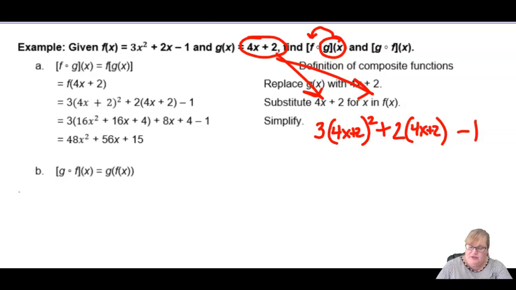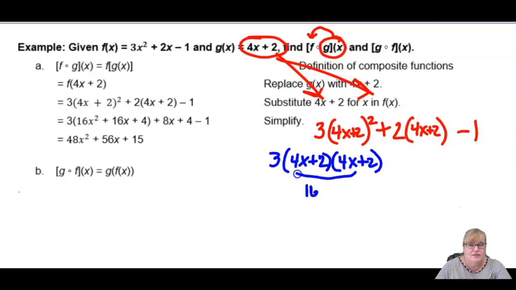Now this one is a bit of an algebraic nightmare for some of you. You need to FOIL this together here. So you get a 16x squared plus an 8x plus another 8x. And 2 times 2 is 4.